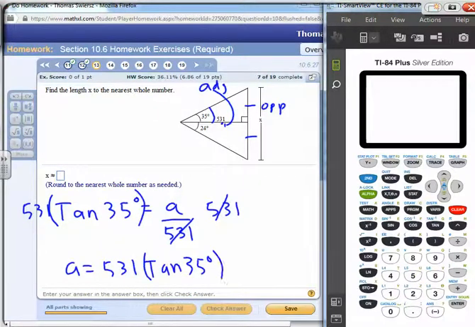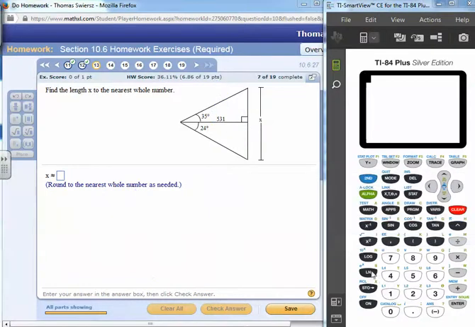And that will give us this part, and then we're going to do this part and add them together to get the total, right? So the first one we got is 531 times the tangent of 35 degrees. Okay, so we'll do that. 531 times the tangent of 35 degrees, and we get 371.8.